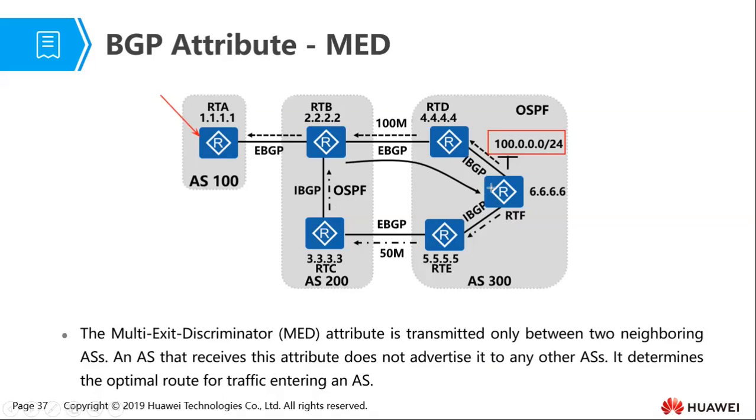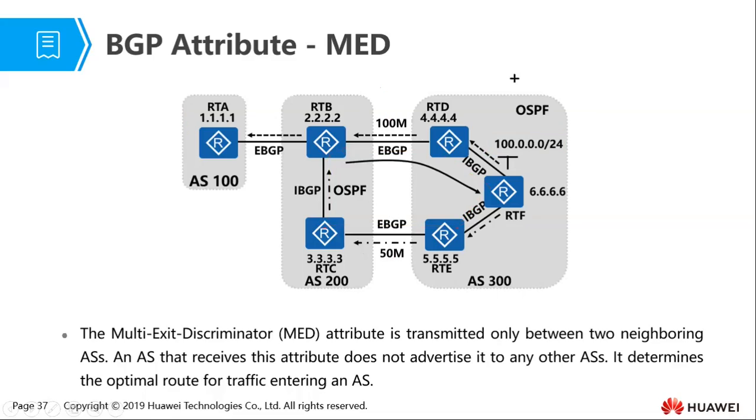And you see we have two paths. We have that path, and we also have this path here. We can also see that this path, the interconnection between RTC and RTE, is slower than this one. This one has a higher bandwidth.